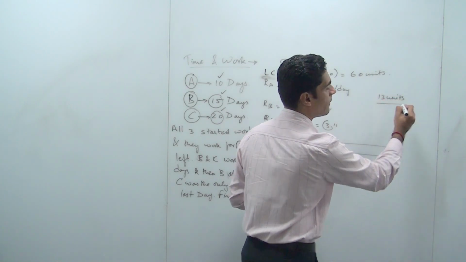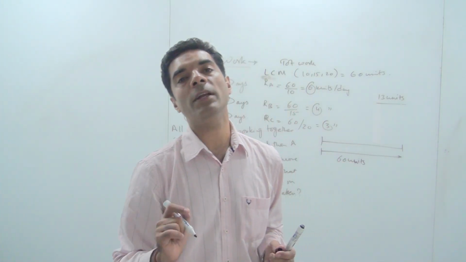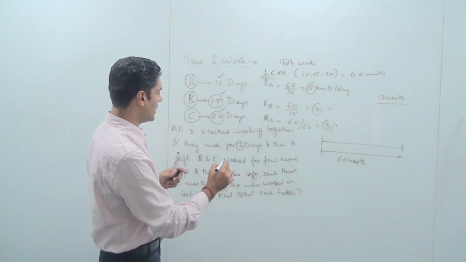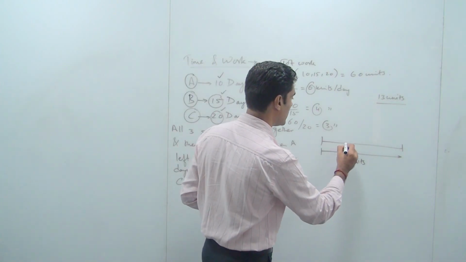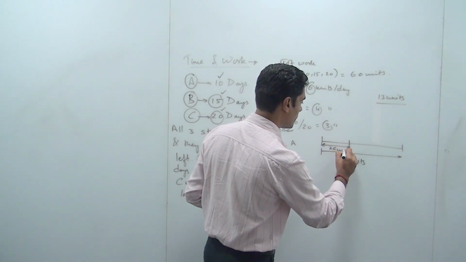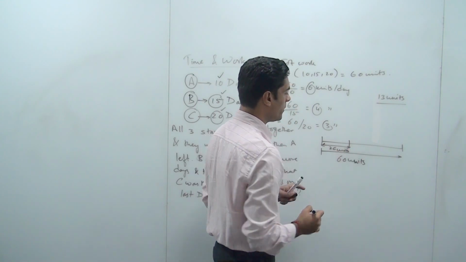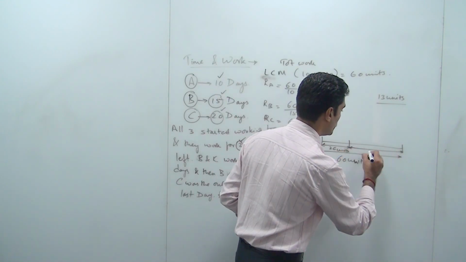That means if A, B and C work together for 1 day, they complete 13 units of the work. They worked together for 2 days, so in 2 days they would have completed 13 into 2, which is 26 units, out of 60. That means the remaining is 34 units.